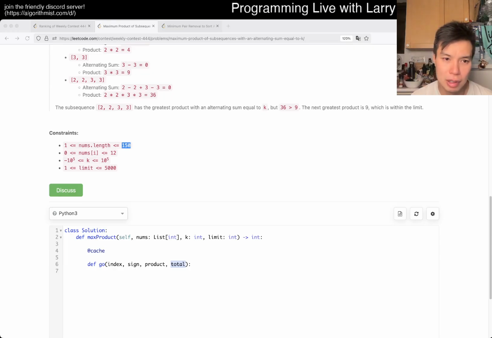So the maximum possible sum would be 12 minus 1, so 11 times 75 maybe. So 825 times 2 for both signs. Is that even possible, both signs? Yeah, you could just offset by 1. So it's 1,650, so less than 2,000. The total would be less than 2,000. We can definitely throw away stuff that's not possible.